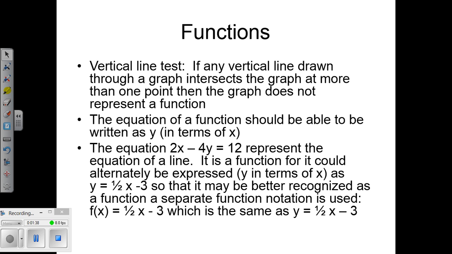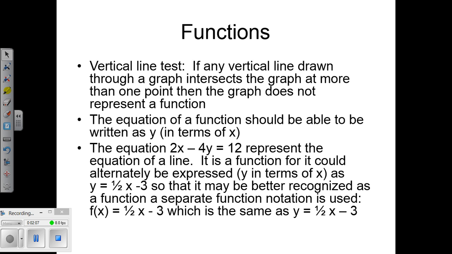It is written as an implicit function, rather. When it can be written solving it for y, which is when we're changing it from standard form to slope-intercept form, then we are writing it explicitly y in terms of x. Explicitly y in terms of x, okay?